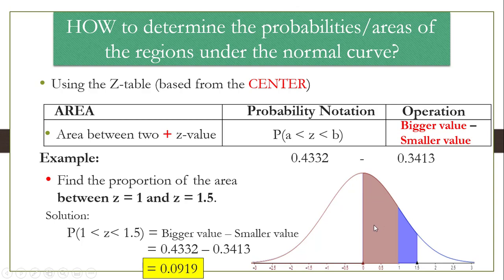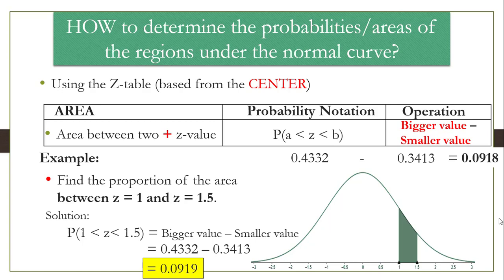Now, we're actually looking for the area between 1 and 1.5. So, to get this one, we need to subtract the smaller area from this bigger one to get the remaining area, right? So, this would look like this, since we already subtracted that one. Okay?